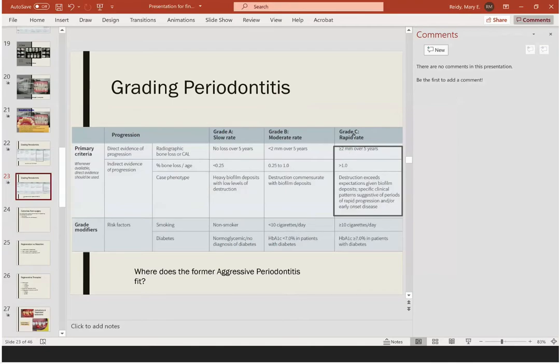this was just going over the grade C. So you do have to kind of commit to memory the grading and the ratio. And then once you get over 10 cigarettes, you're definitely at grade C, and that 7% HbA1c are modifiers. Okay.